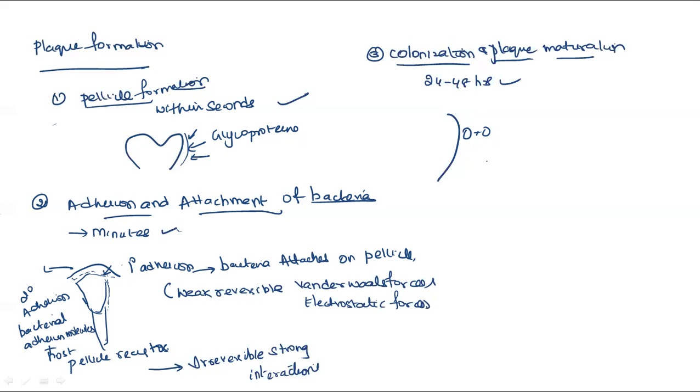But here, let me just draw a diagram. The first layer formed was pellicle, which happens within seconds, and within minutes, there is attachment of bacteria. Now there is primary adhesion, that is, first it gets attached with weak forces, and then secondary adhesion where it gets strongly attached and irreversible attachment happens.